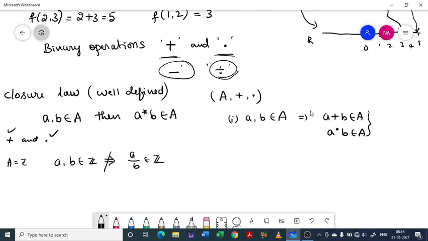And if you take A to be the set of natural numbers, then a, b belong to N need not imply that a minus b belongs to N. So these two operations fail to satisfy closure law. Hence we are not supposed to use those operations. So this is the primary condition you have to check.